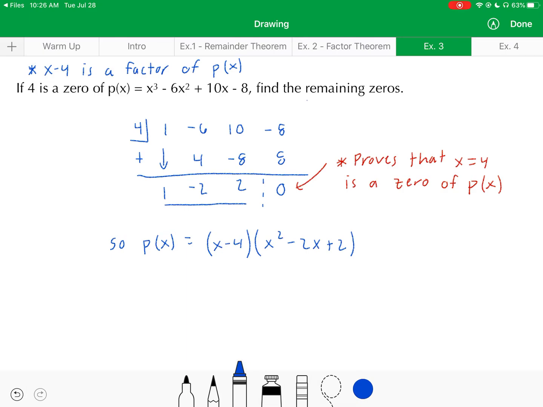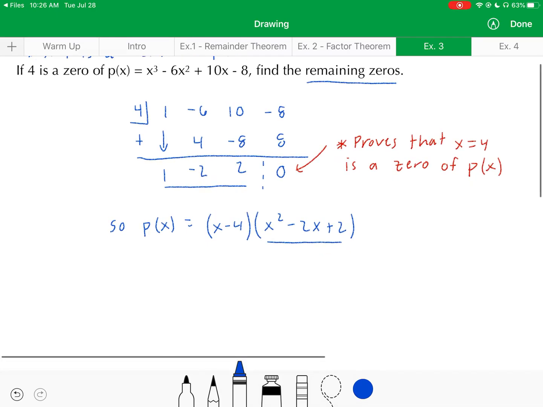I'm trying to find remaining zeros, right? Whereas the last problem, I was being asked to find remaining factors, okay? Well, your focus at this point should be on x squared minus 2x plus 2. It doesn't factor, all right?